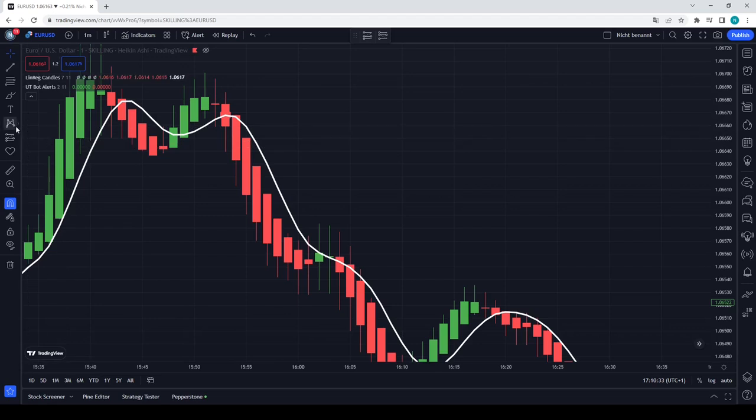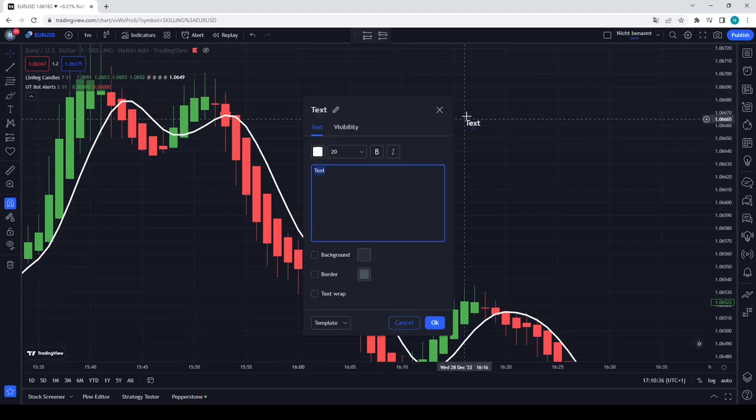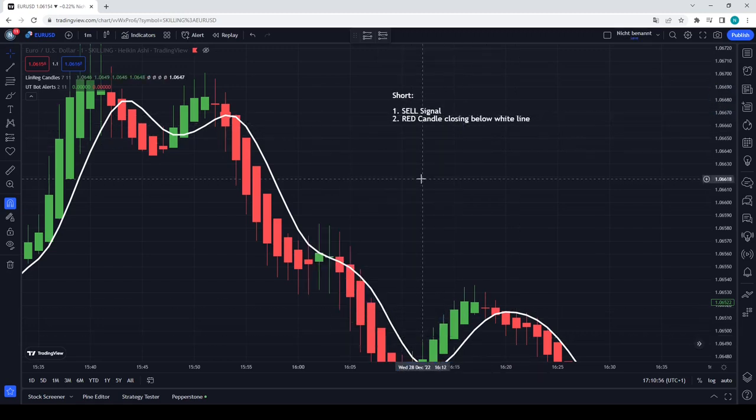For a short trade, the signals are pretty much the same but in the opposite direction. First we want a sell signal, and second we want a red candle closing below the white line. Here we also have a good example.